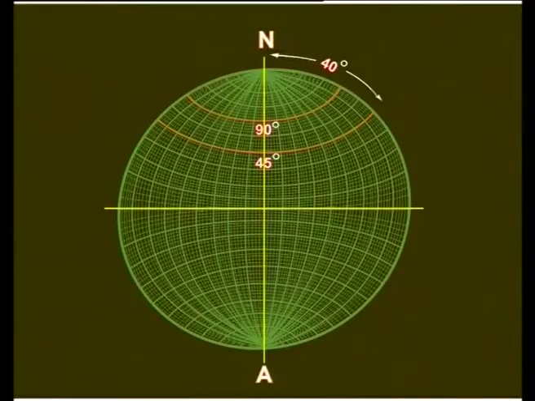Please remember that a horizontal line is plotted as 2 diametrically opposite points on the periphery, because it will intersect the lower hemisphere at 2 diametrically opposite points, while a vertical line will be plotted as a point at the center of the projection, because the spherical projection of it is vertically below the north pole of the sphere.